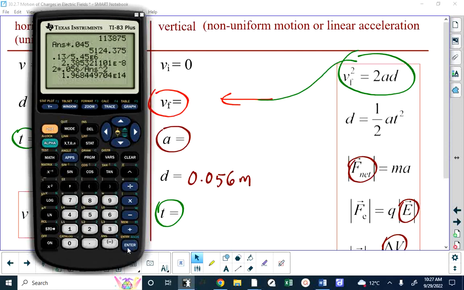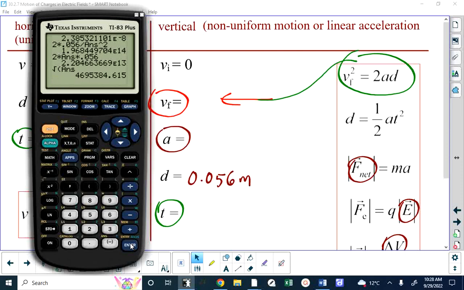Correct me if I'm wrong, this was our acceleration. Okay? So I need to take, using this formula circled in green, 2 times the acceleration times the distance, and take the square root. This is VF. But again, everybody, that's not the final velocity of the electron.